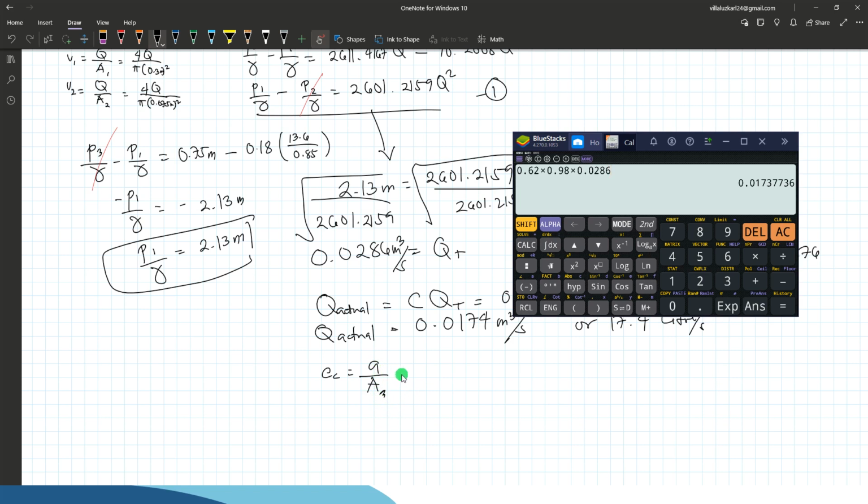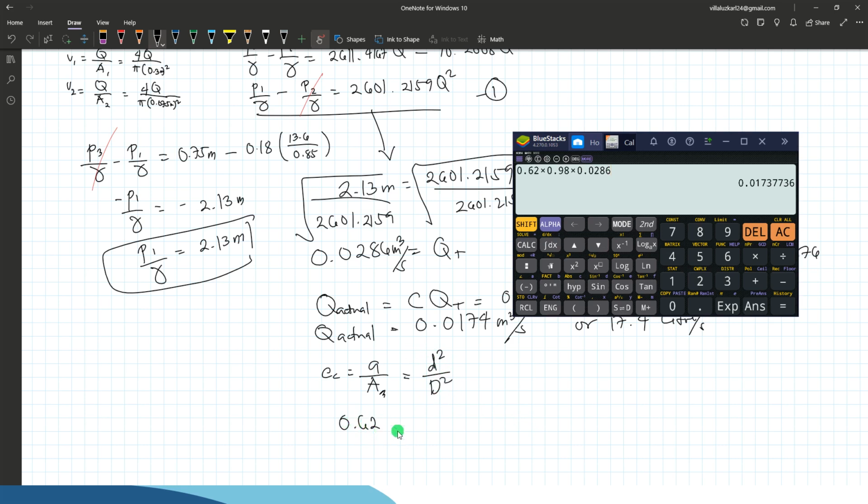The area has a formula of pi d squared over 4, so both have pi over 4, and what remains is d squared over D squared. Again, the lowercase d is the diameter of the liquid, which is oil, and the capital D is the opening of the orifice.